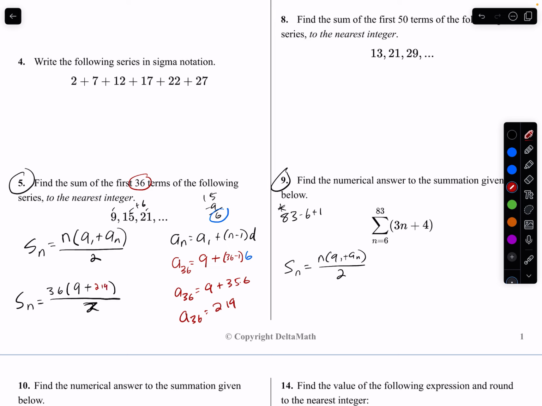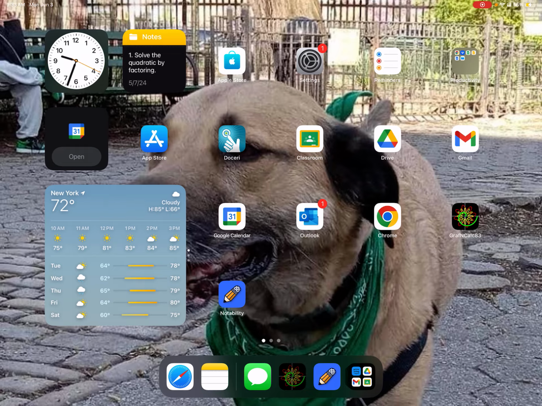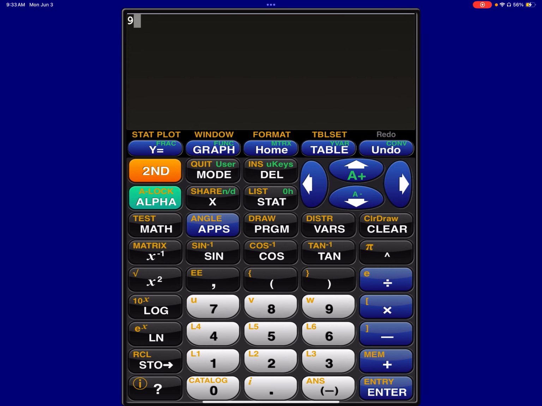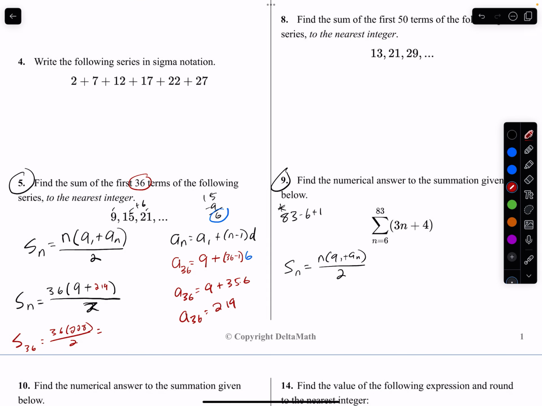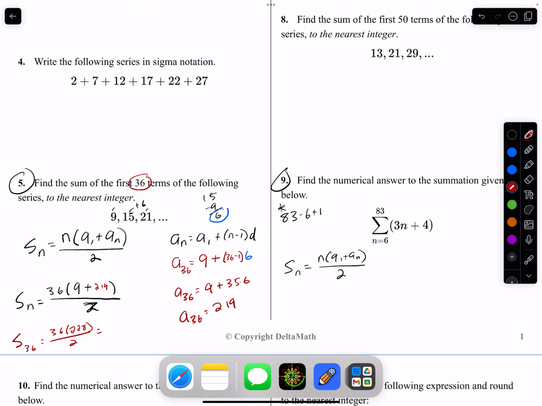Okay, so if I want to find the sum of the 36 terms, I'm going to get 36 times 9 plus 219 is 228, all divided by 2. So let's go ahead and do that in our calculator. I got to go back here. 36 times 228 divided by 2.